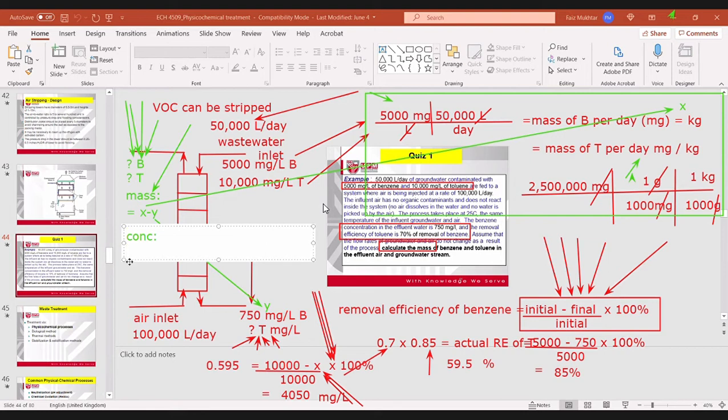Since it's a mass balance, whatever goes in must go out, so the amount of benzene here must be 5,000 minus 750. Surely it must be that. And you will get 250.